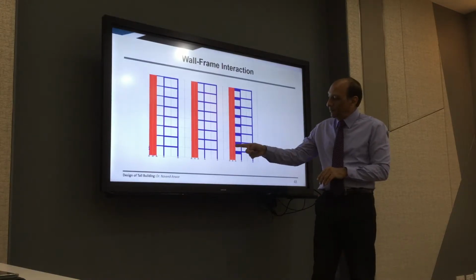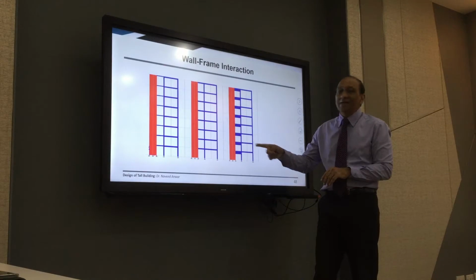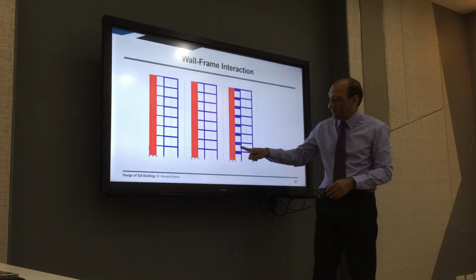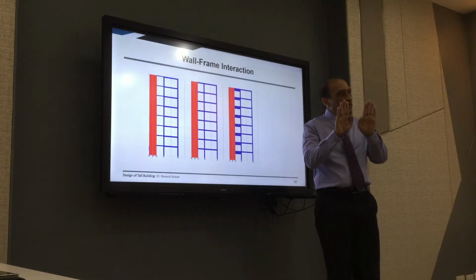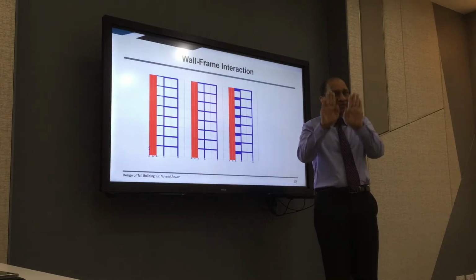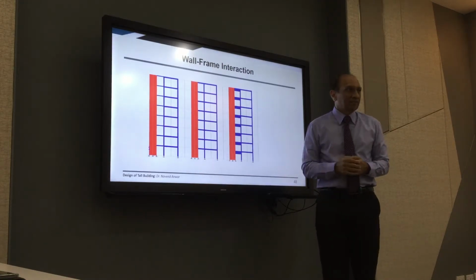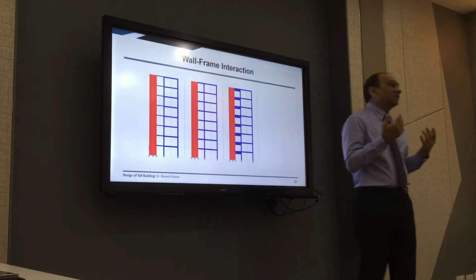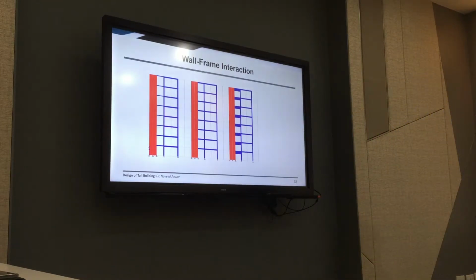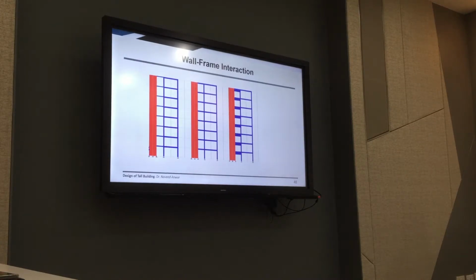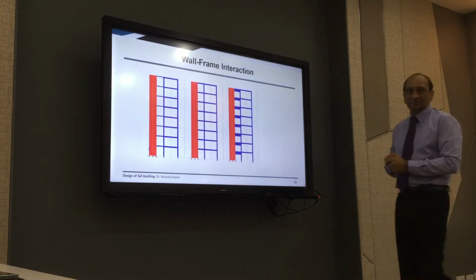This one will have both the spandrel as well as the interaction effect, because this element will now also try to transfer forces, vertical forces, shear, from here to there, right? So it is very important to realize that when you put a frame and a shear wall together, you get two benefits. Benefit number 1 comes from their different deformation pattern. Benefit 2 comes from the outrigger effect.